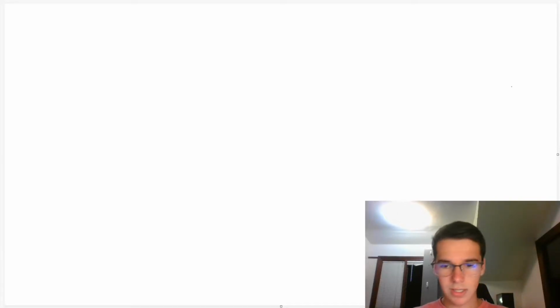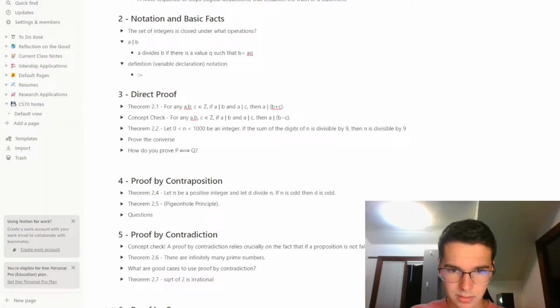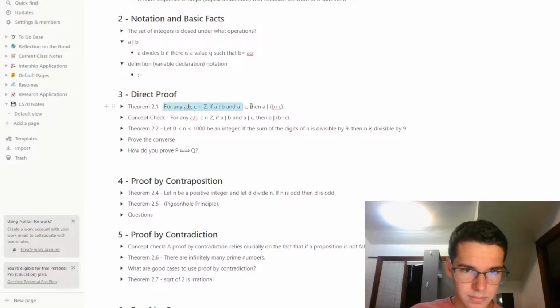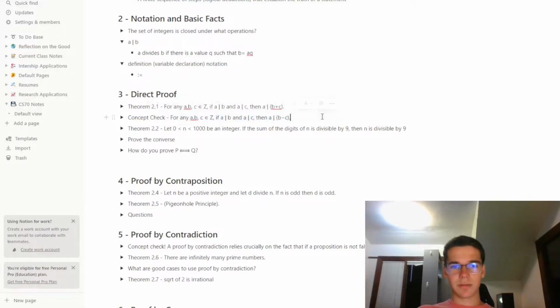What I am going to prove is the next statement, and I'm really just moving on for the sake of time. You use the same set of steps to prove it, so I'm just going to do it really quick. For any of these three numbers in the set of integers, if a divides b and a divides c, then a divides b minus c.